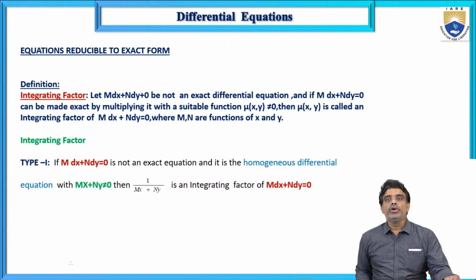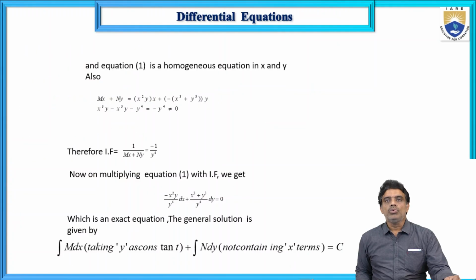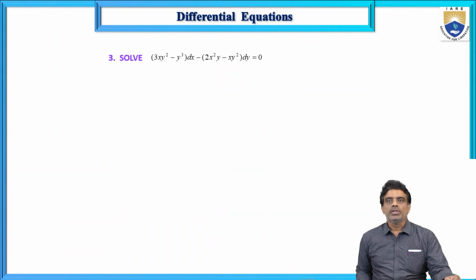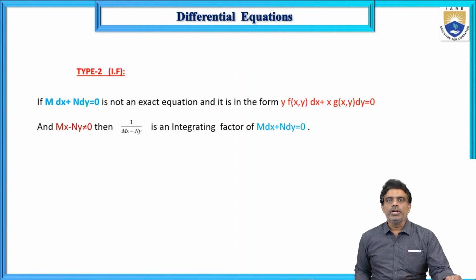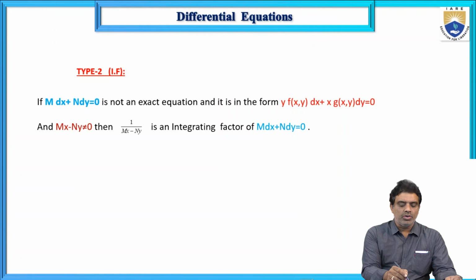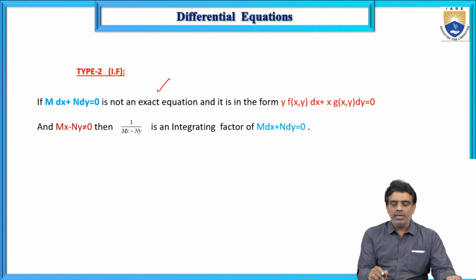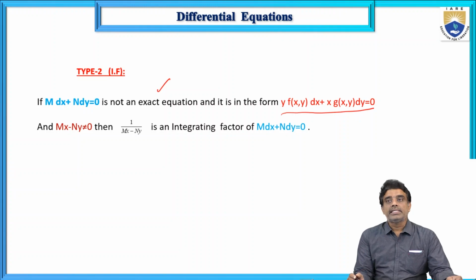Now I am going to see how to use the integrating factor in another model, that is type 2. Suppose M dx plus N dy equals 0 is not an exact equation, and it is in the form y f(xy) dx plus x g(xy) dy equals 0, and also Mx minus Ny is not equal to 0.